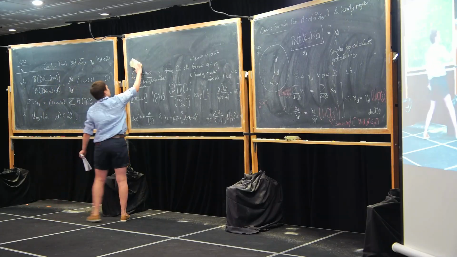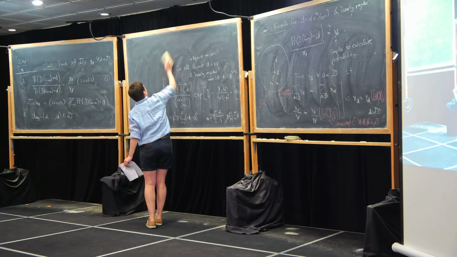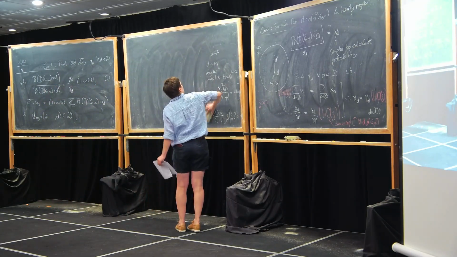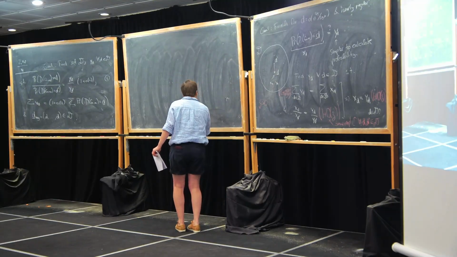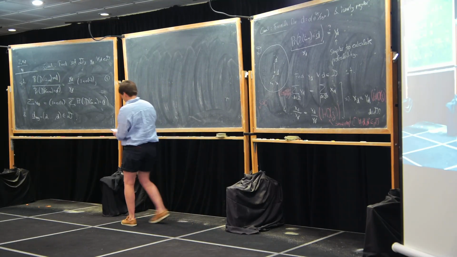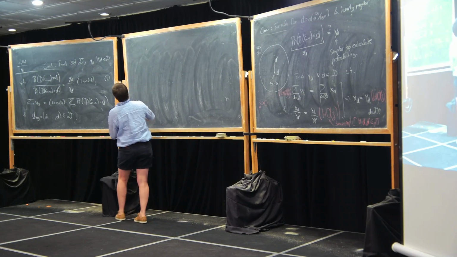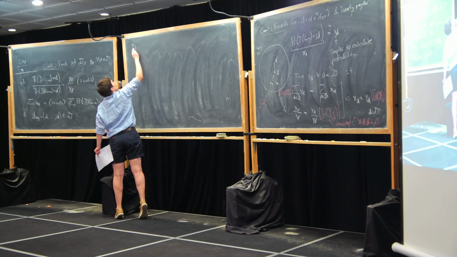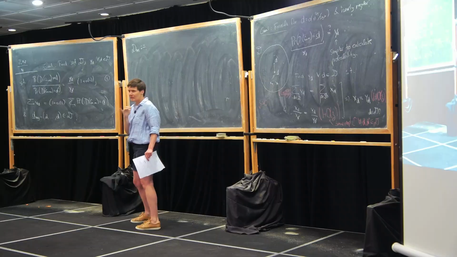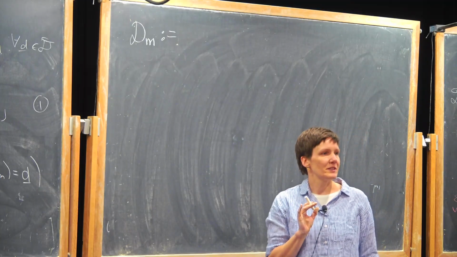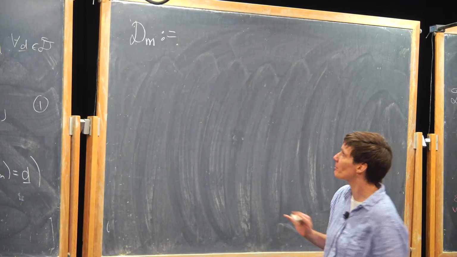Okay, and what is this set D? Now we get there. The set D is what we call DM. And this is like what someone said, the typical sequences in GNM.